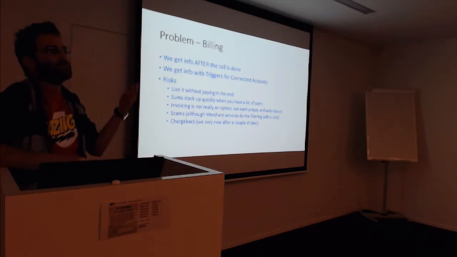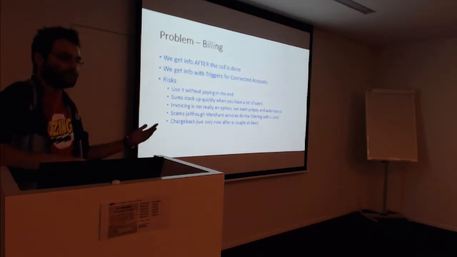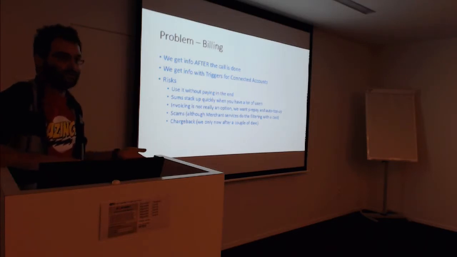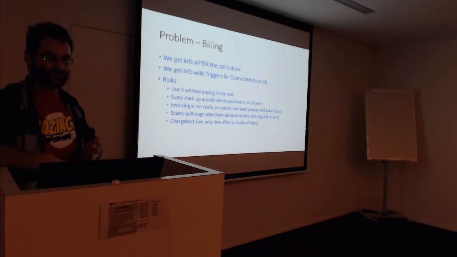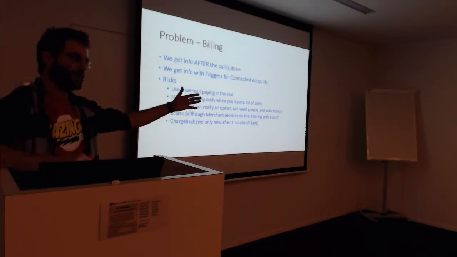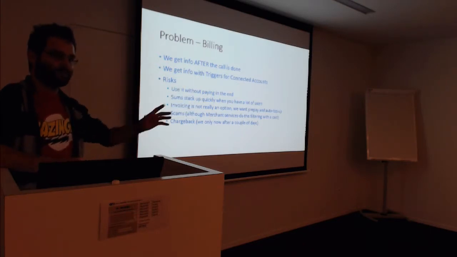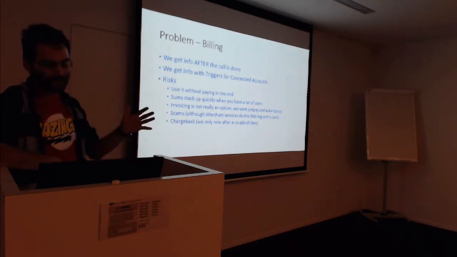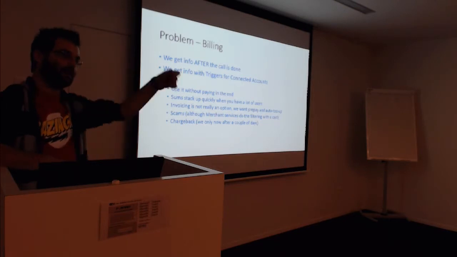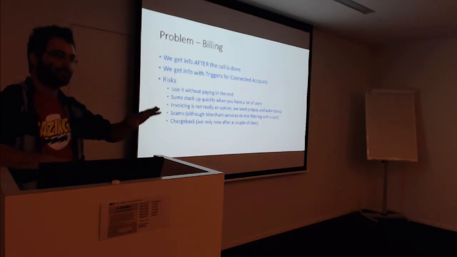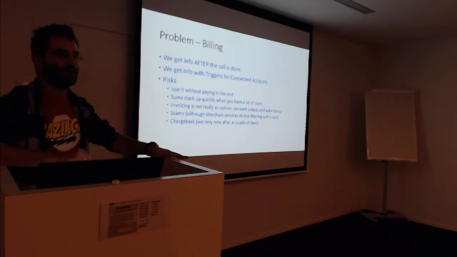And of course, that calculation is being done by Twilio, but it's only being done after the call is done. They have real-time information. They call them usage API notifications. So basically, through their usage API, I have specific trigger callbacks. So when something goes bad, I get callbacks from them, and they say, this guy is running out of money. But that only works for accounts.